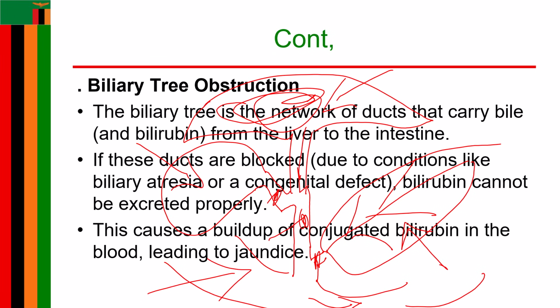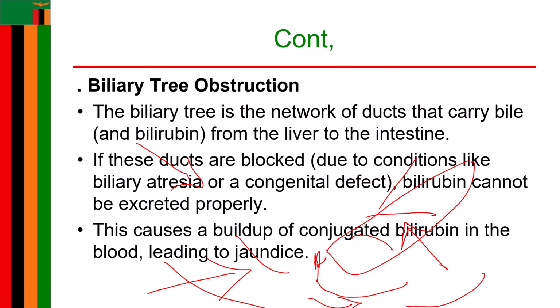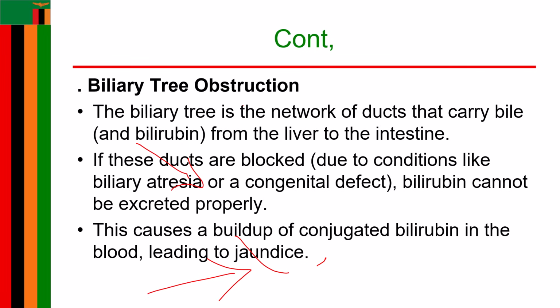So biliary tree obstruction is obstruction at any portion of this particular common bile duct. This will prevent breakdown of conjugated bilirubin to stercobilinogen or urobilinogen, meaning that the end product is that this conjugated bilirubin will be in the blood, and this will result in jaundice. So that is how biliary tree obstruction is one of the causes of jaundice.